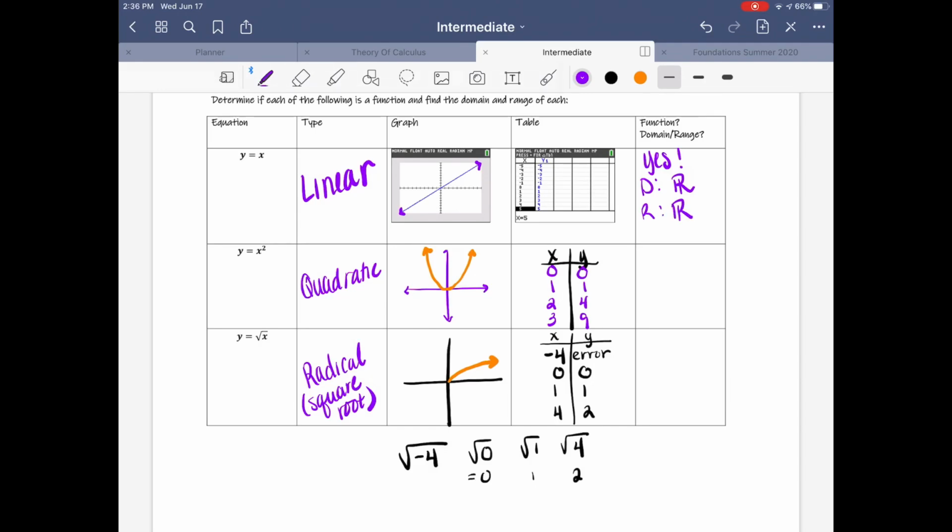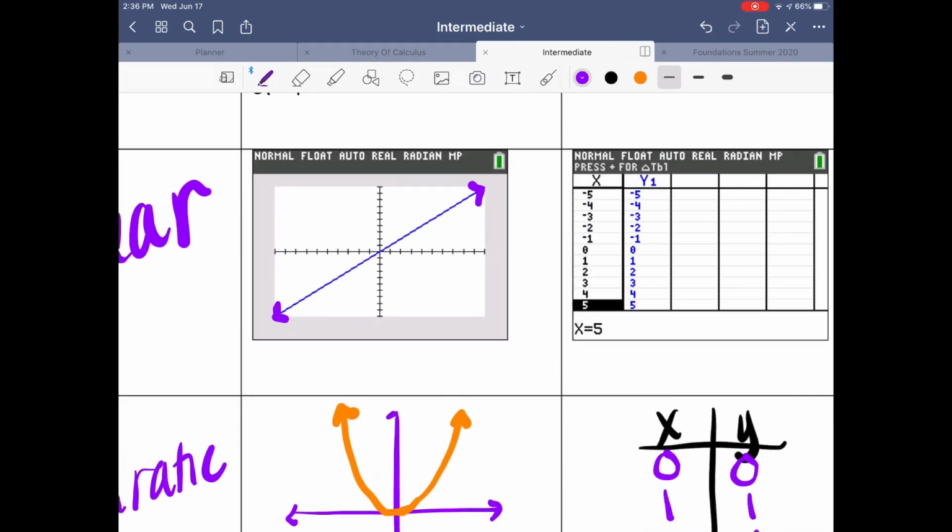Now that's a symbol for all real numbers, and the reason why I know it's all real numbers is because in this graph, this goes on forever. It stops on my paper, but it actually keeps going forever and ever and ever. So all the x values are good in both directions, and all the y values are good in both directions.